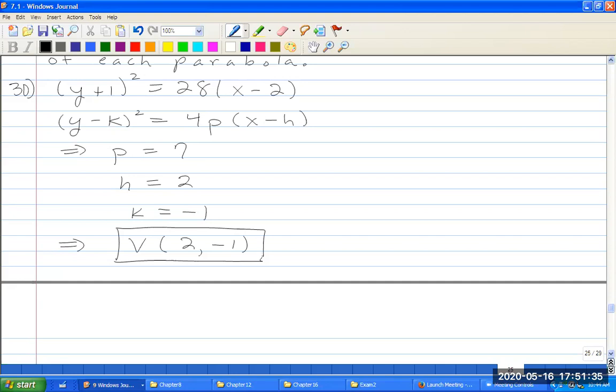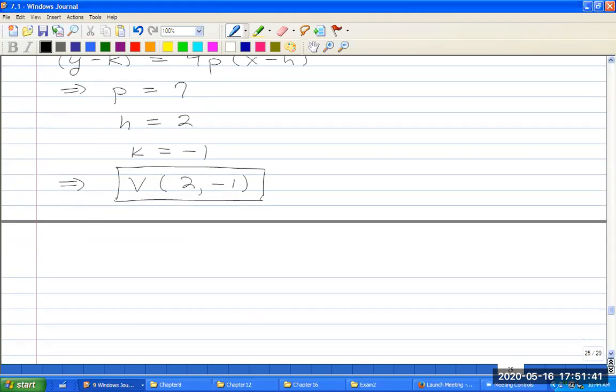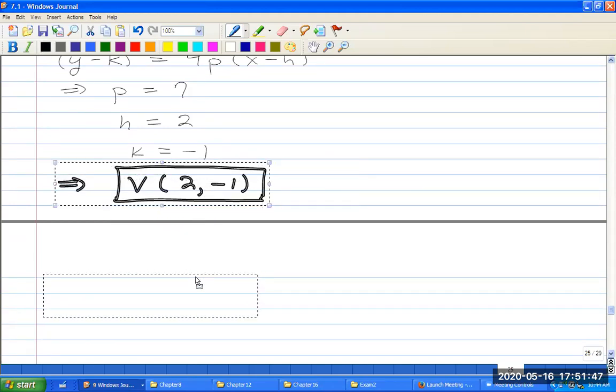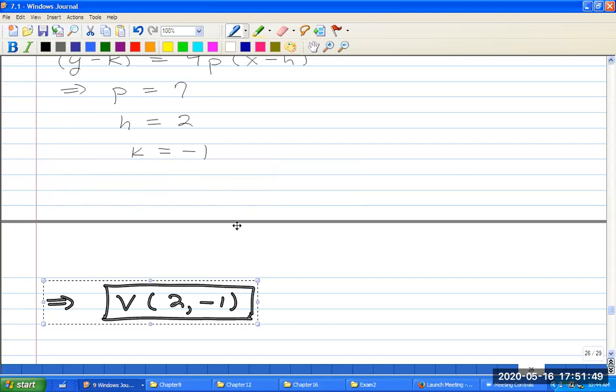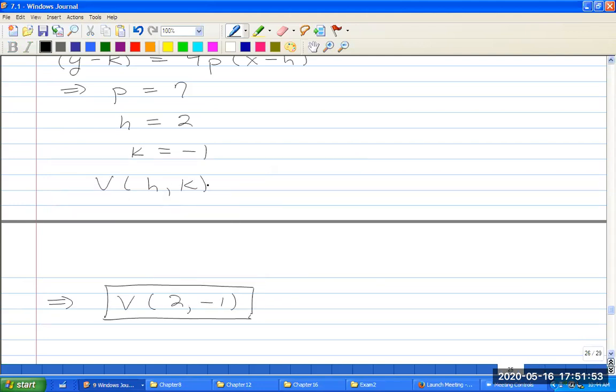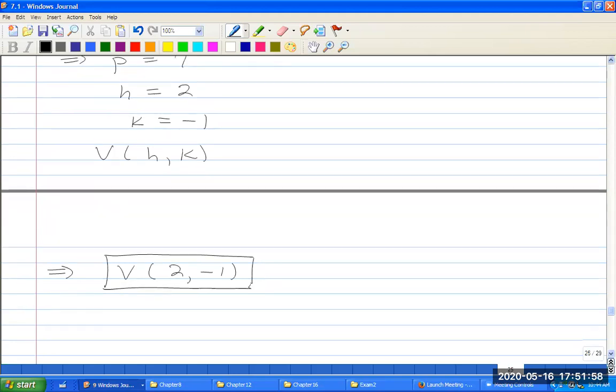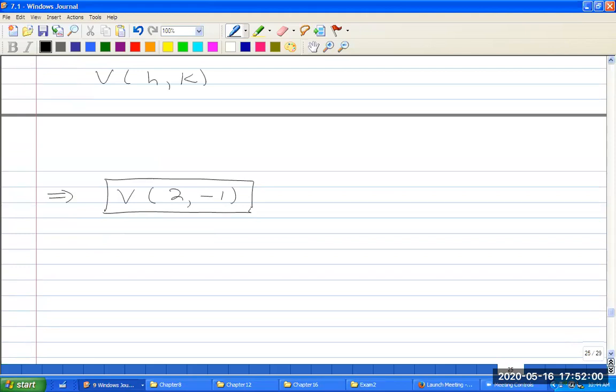The focus, maybe I should say first that the vertex is at h, k. The focus is at, and let's see, this is a square.